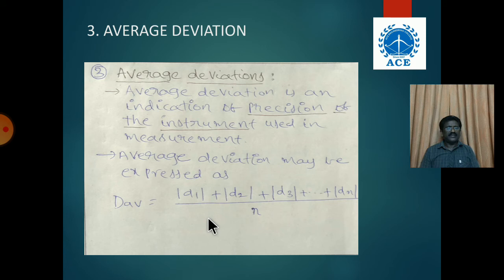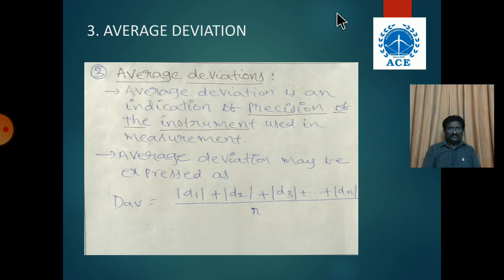With the help of that value you can calculate precision. That is the reason precision is not accuracy. According to the definition, average deviation may be expressed as D AV equal to modulus d1 plus modulus d2 plus so on plus modulus dn, divided by n.